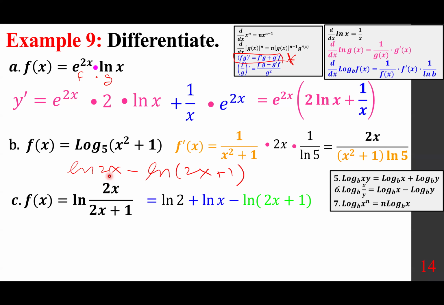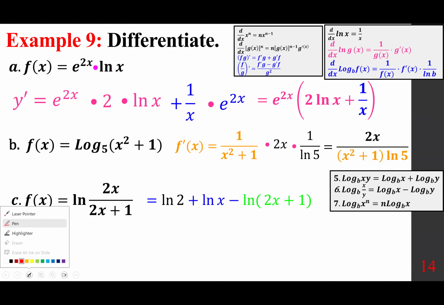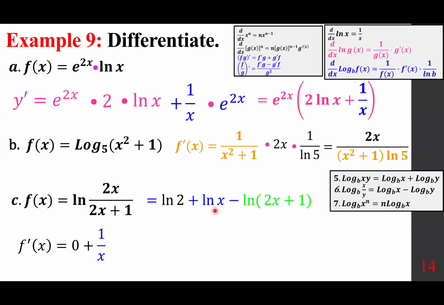Now, ln 2 is a number, and therefore the derivative is 0. ln x is 1 over x, minus 1 over 2x plus 1 times its derivative, which is 2. Now, obviously, the LCD, and we're done with calculus.